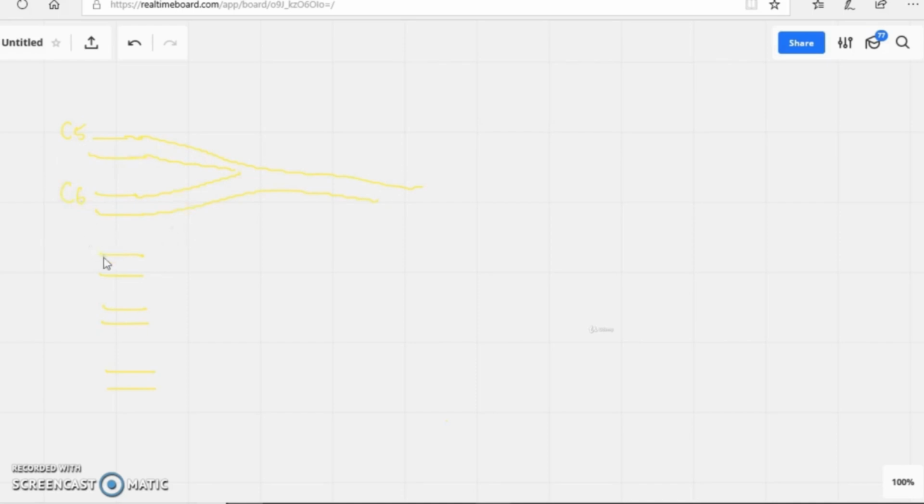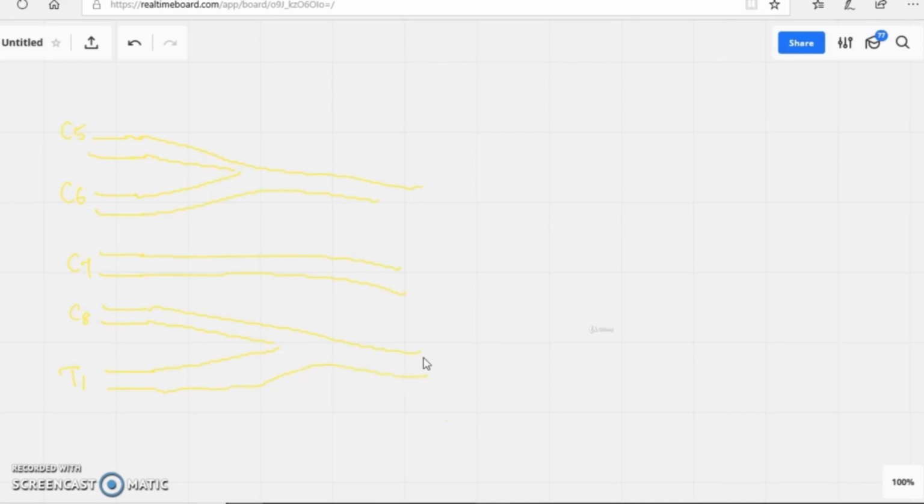Then after, we have C7 spinal nerve that is going to form middle trunk. So we have middle trunk formed by a single spinal nerve, that is C7. Then we have C8 and T1 spinal nerves which are uniting together, and then it is going to form another trunk called lower trunk. So lower trunk is formed by union of C8 and T1.